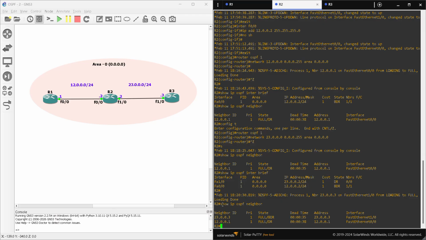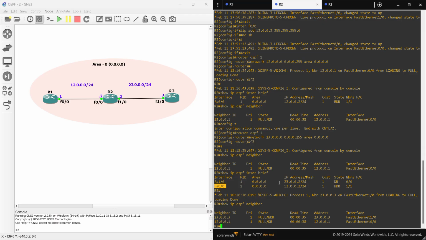When we use the command show ip ospf neighbor, it gives us information about the neighbors connected to it. When we use show ip ospf interface brief, it tells us about its own information: on this interface of mine, FastEthernet 0/0, this is the process ID, the area, the IP address along with the mask you have configured, the cost, the state I'm in, backup, designated router, and the neighbors connected.